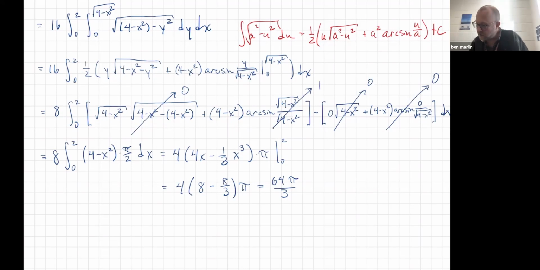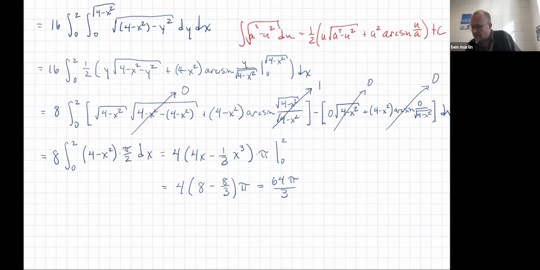And then nicely enough, all this stuff over here had a factor of y appearing in it. So when we plug in the y equals 0, all this stuff just vanishes, okay? So, oh, and so is this bit.